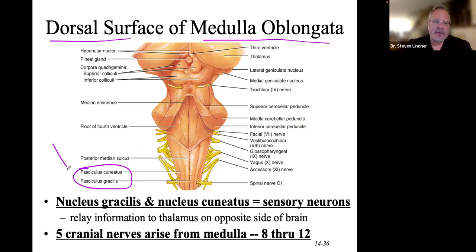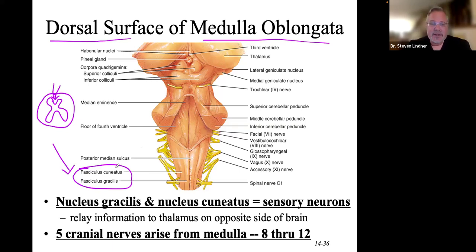These should sound familiar to you because when we did the spinal cord and drew this out, this section back here were the posterior columns, which dealt with proprioceptive awareness.